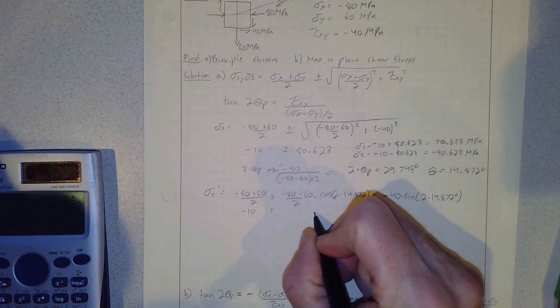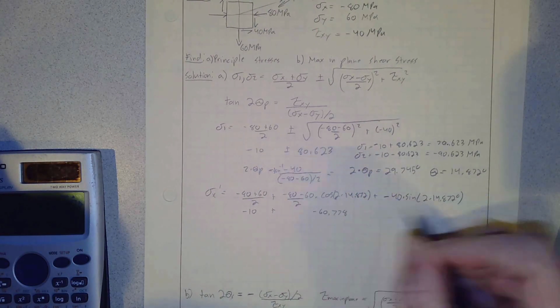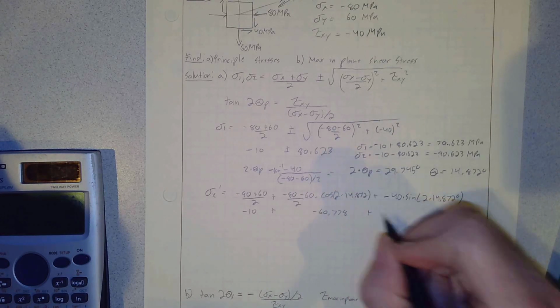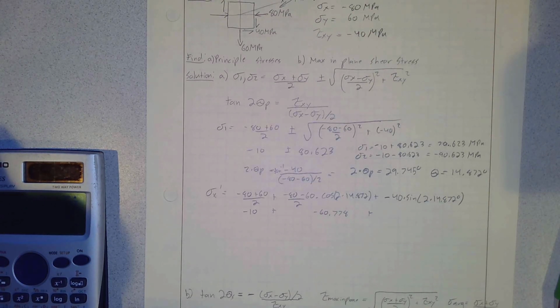So this piece is minus 60.778, plus negative 40 times sine of 2 times 14.872.